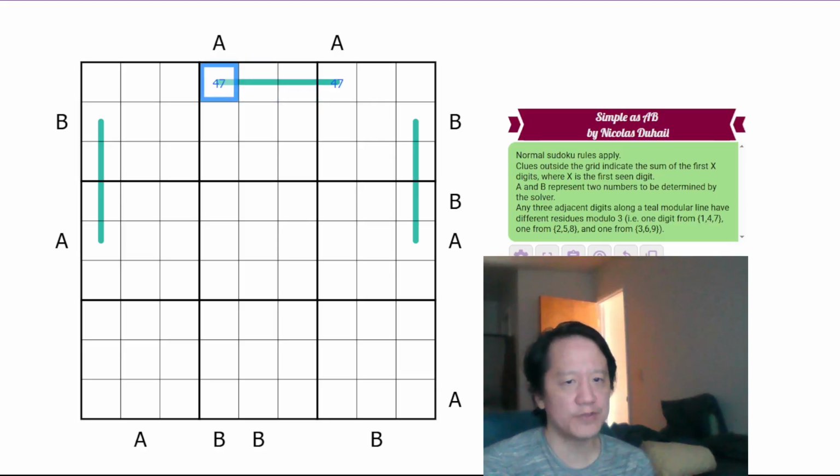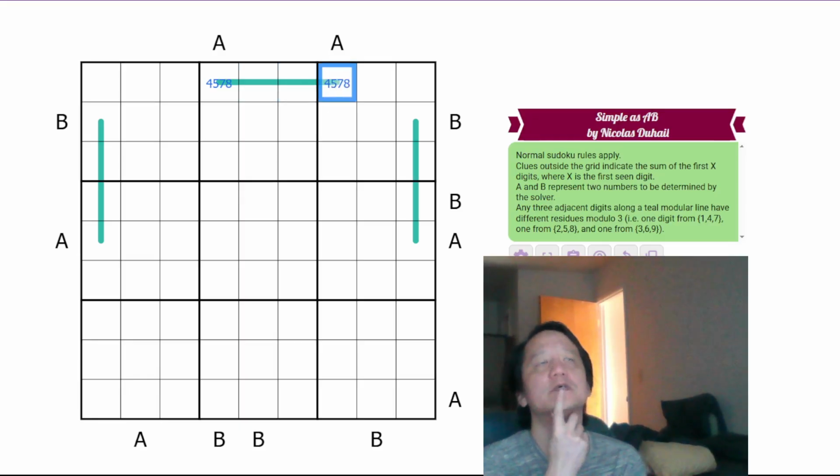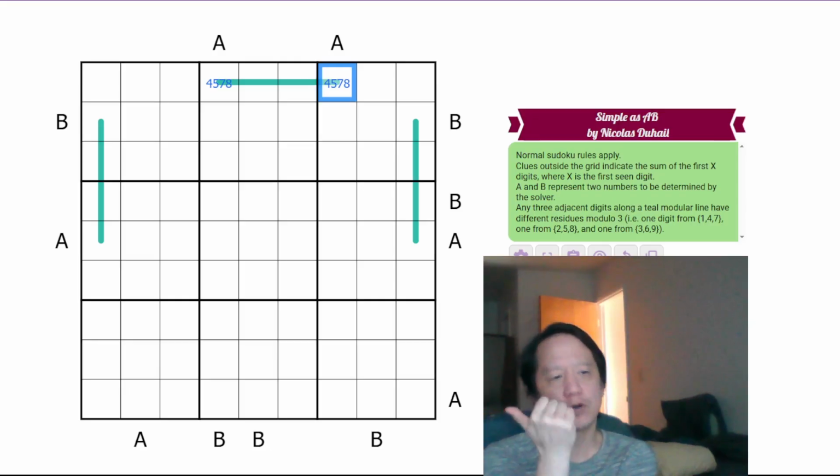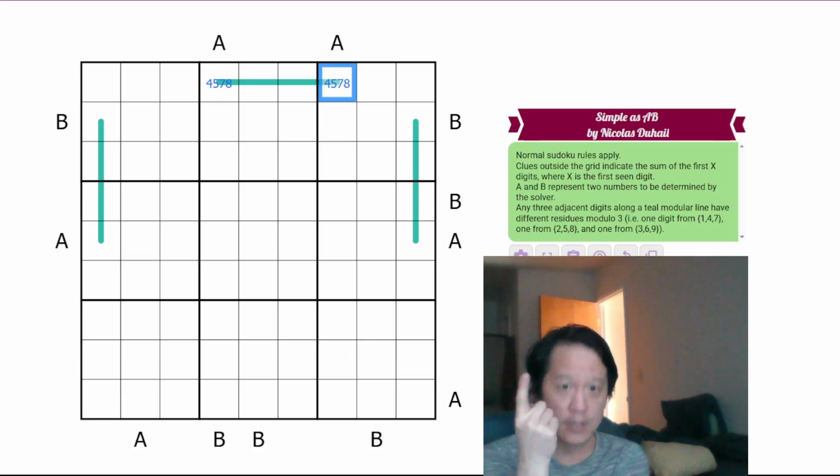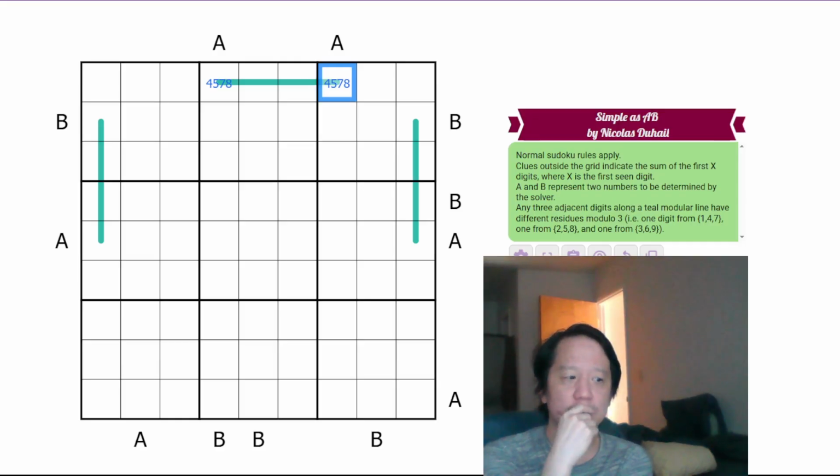It cannot be 3 and 6 or 6 and 9, so therefore it's 5 or 8. So if it's 4 and 7, 4 can add up to 28 at maximum, and 7 adds up to 28 exactly. So then A would be 28.